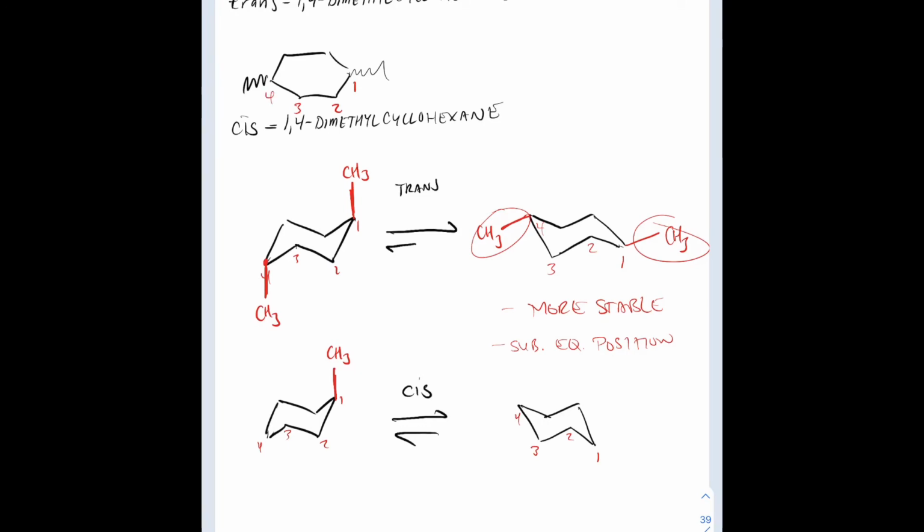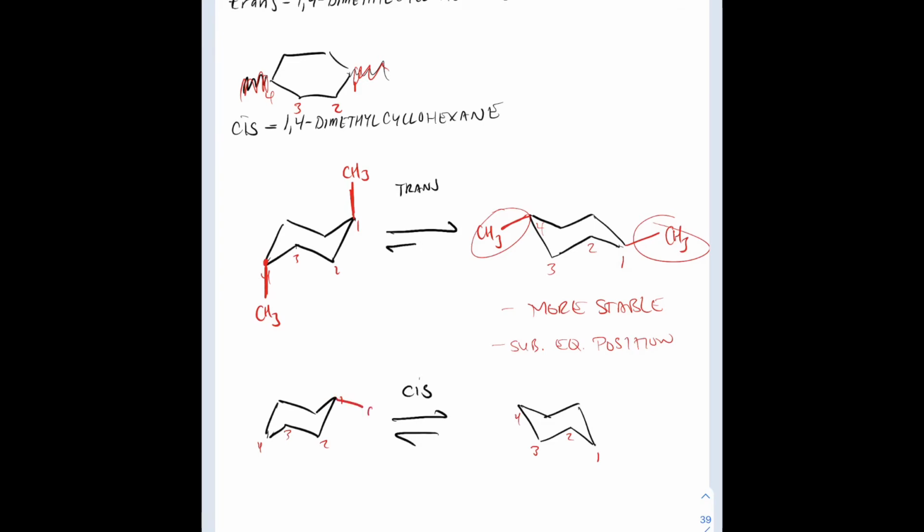Let's do it 1, 2, 3, 4. It doesn't matter. It's the same result because they're both the same substituent. But that means we need to put our methyl groups on the same side. So if this one is up, then the other one needs to be up. So actually, let me change that.